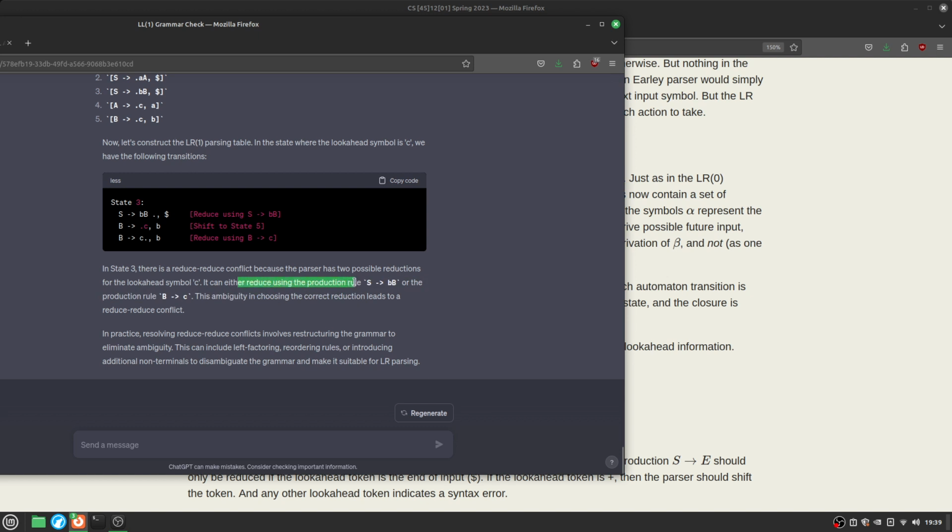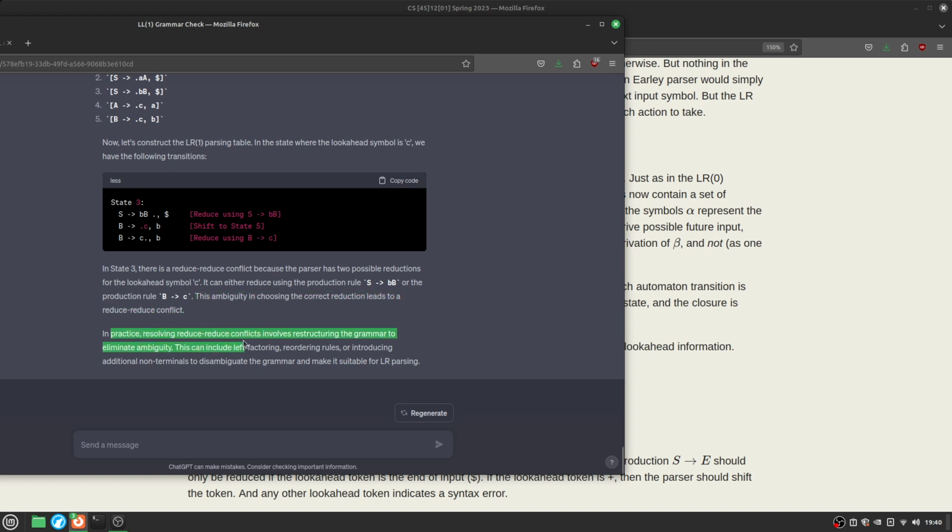It can either reduce using the production rule S tends to BB, or the production rule B to C. The ambiguity in choosing the correct reduction leads to a reduce conflict.